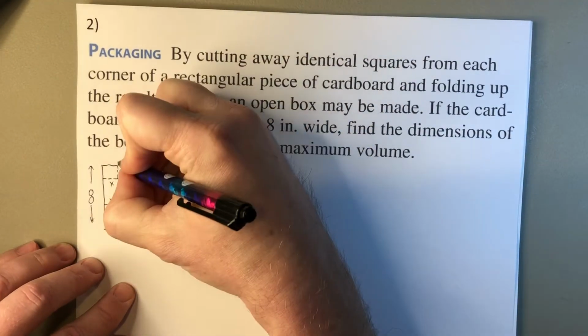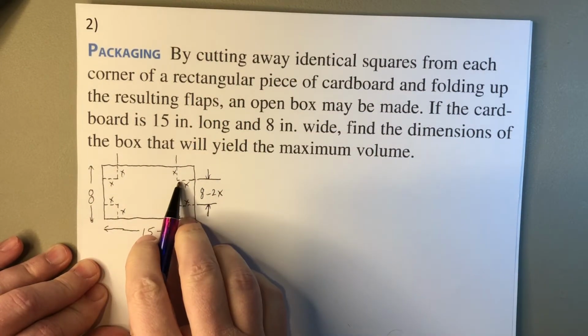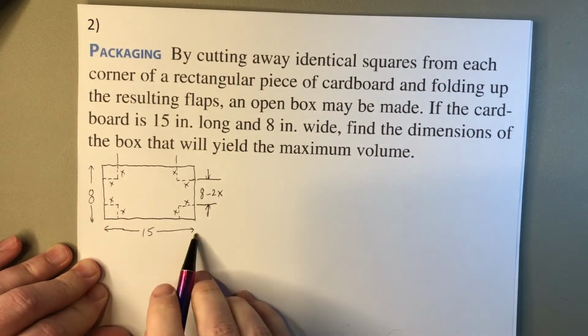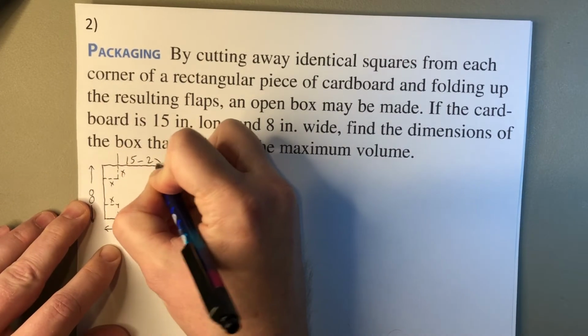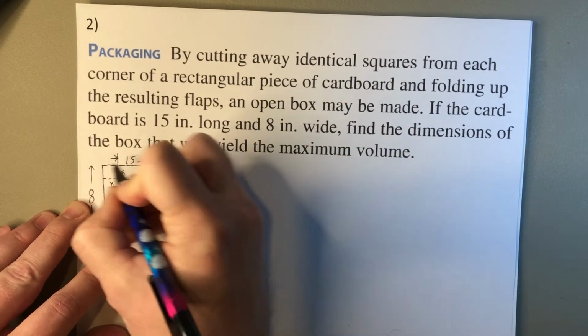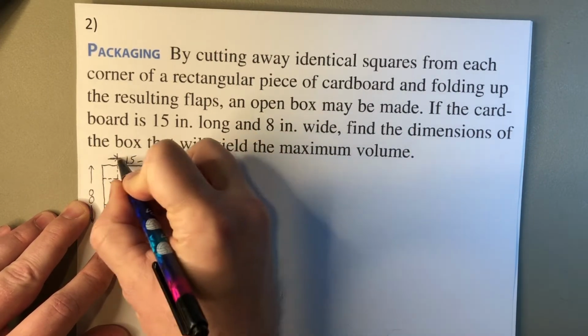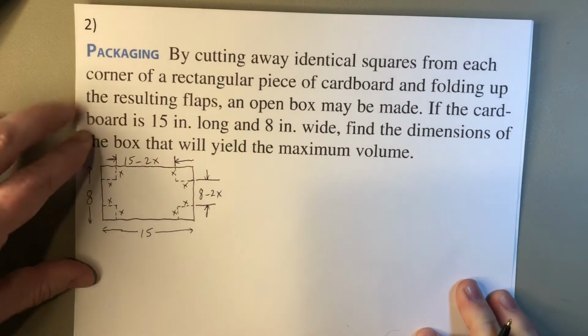And then furthermore, the distance from what? If we cut away an x there and an x there, we're taking those 2 x's away from 15. We know that this distance is 15 minus 2x, all right? The distance inside from there to there is 15 minus 2x. That is very significant that you understand that.